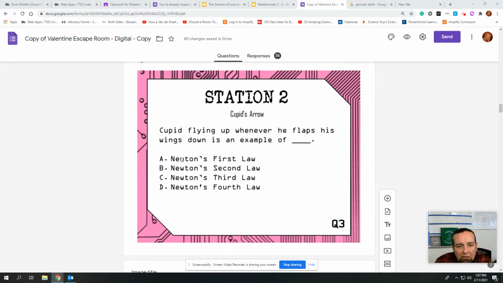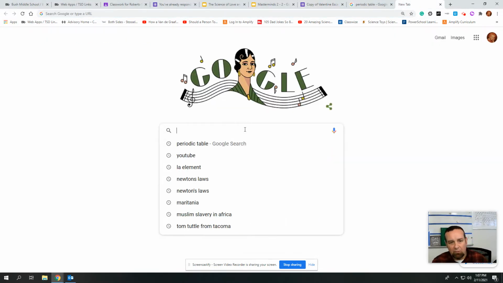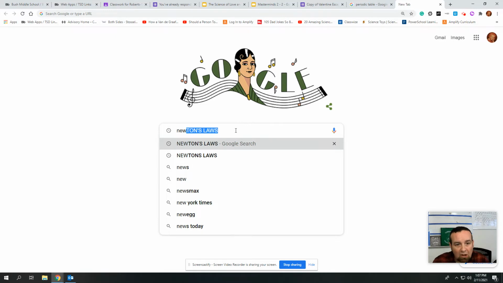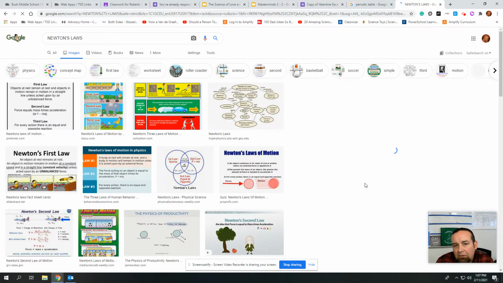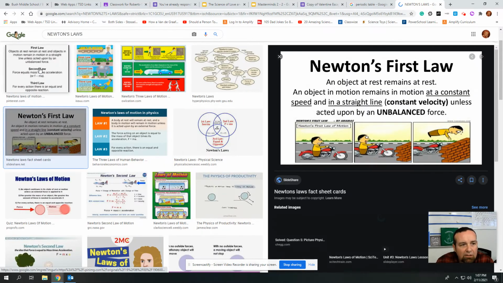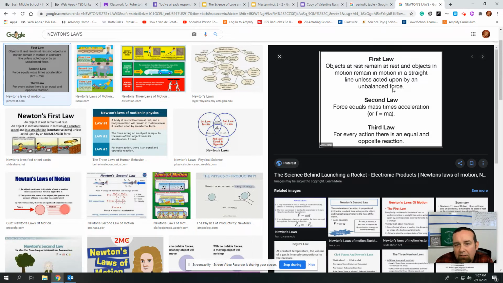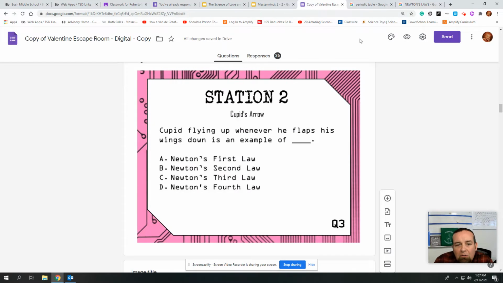For this one, you had to do a little bit of research, especially if you don't know Newton's laws of motion. So one thing I would recommend is to go right on over to Google Images because they usually will break it down a little bit faster. So let's look at this. Cupid flies up whenever he flaps his wings down.